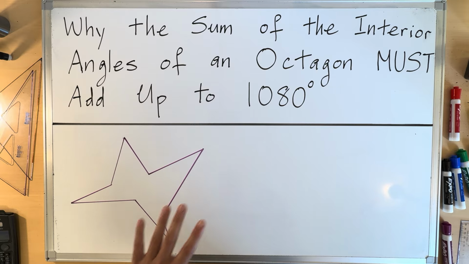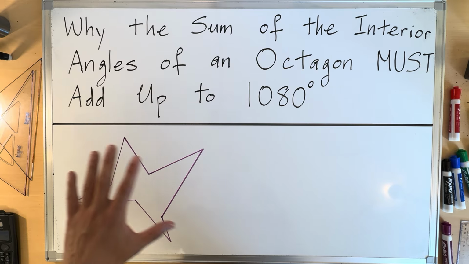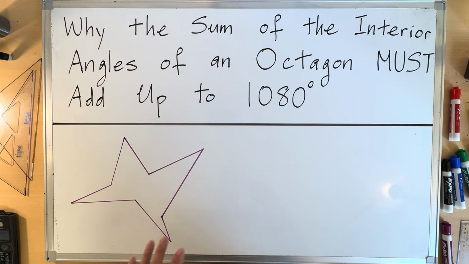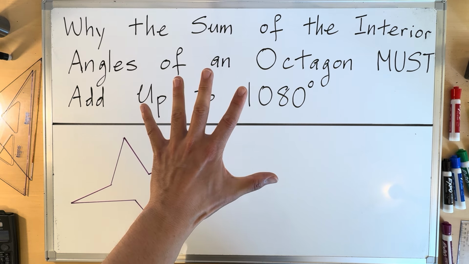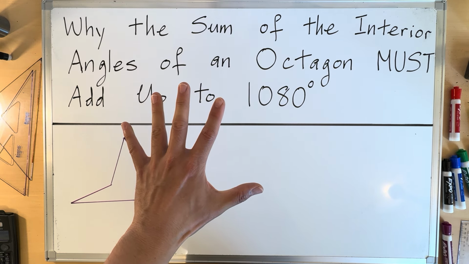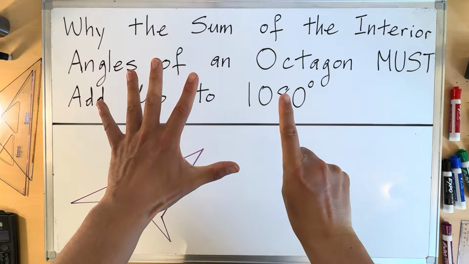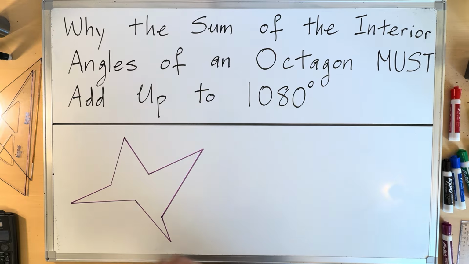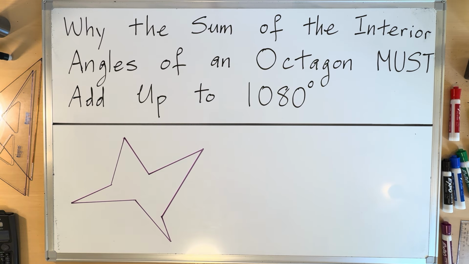So this irregular concave octagon right here, by drawing 5 lines, can actually be divided into 6 triangles. So let's get started.